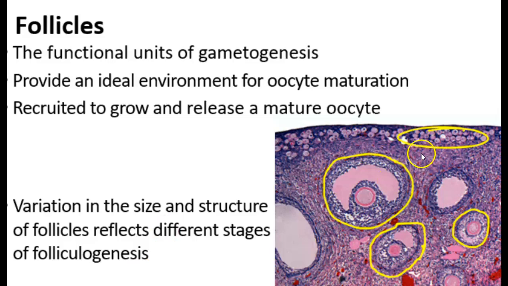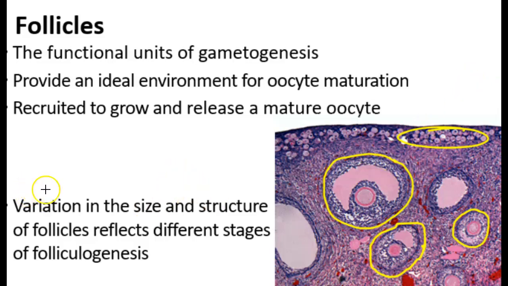Now, not all follicles will go through this process during a woman's life. Some are recruited to grow and release a mature oocyte, and that's dependent on hormone sensitivity. And we'll talk about how many actually are recruited to grow to the large size.